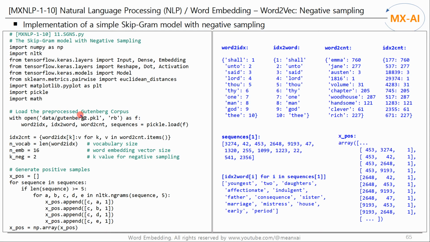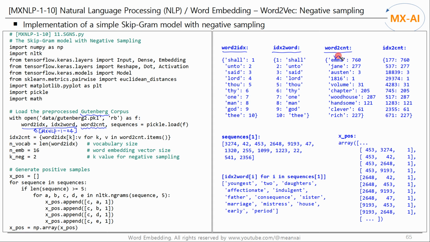First, load the preprocessed Gutenberg corpus. These are the vocabularies we generated and saved in this video. This time, we additionally use a frequency dictionary for each word. The vocabularies are as follows, and the word frequency dictionary is as follows.